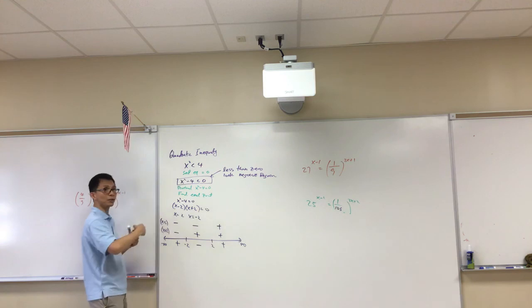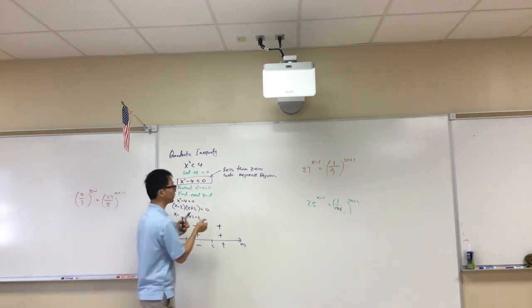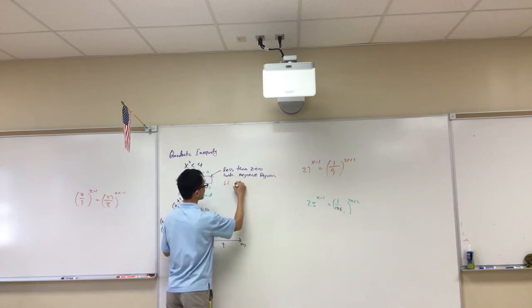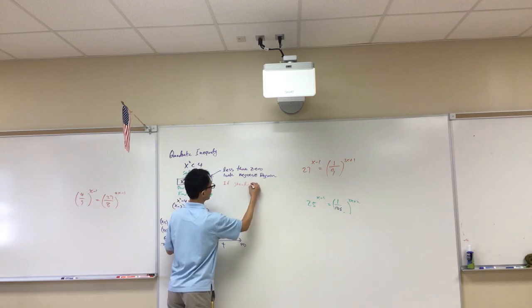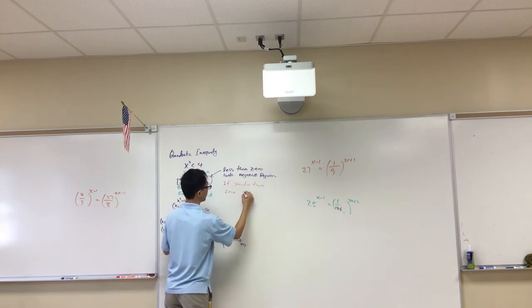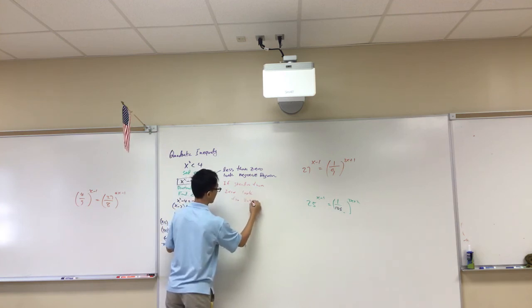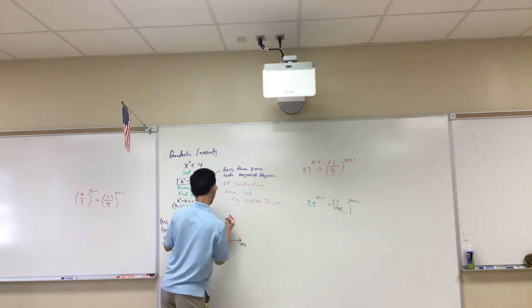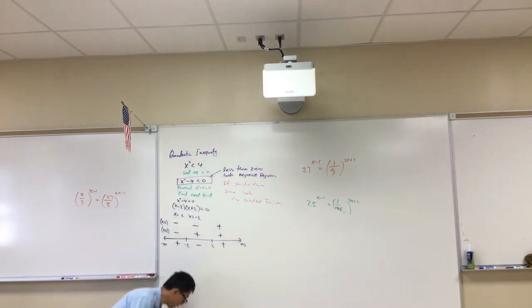Now in this question it's not less than 0, but if this is greater than 0, you look for the positive region. So that's the part that you're going to think about.